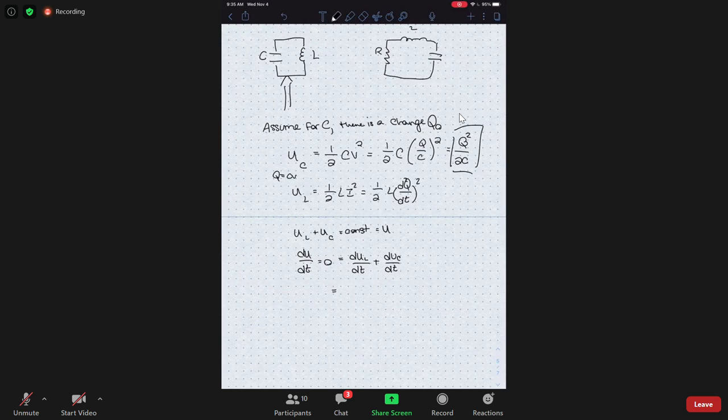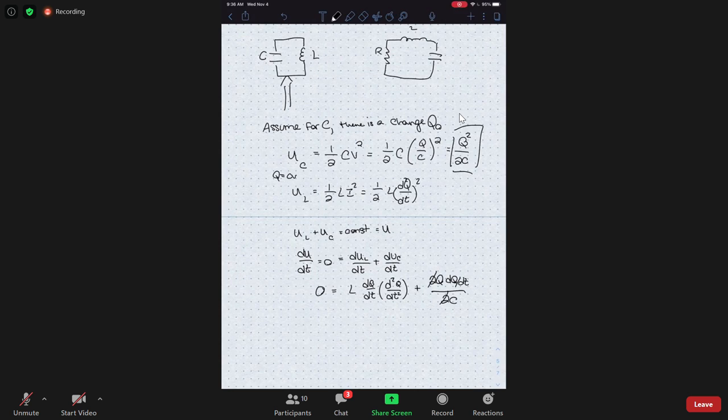That gives me a 2 brought down from the chain rule mixed with the 1/2, which cancels out. So we have L dq/dt times d squared q over dt squared, plus on the other side, the derivative with respect to time is 2q dq/dt all over 2C. Those 2's also cancel out. Wonderful. So this is equal to 0.